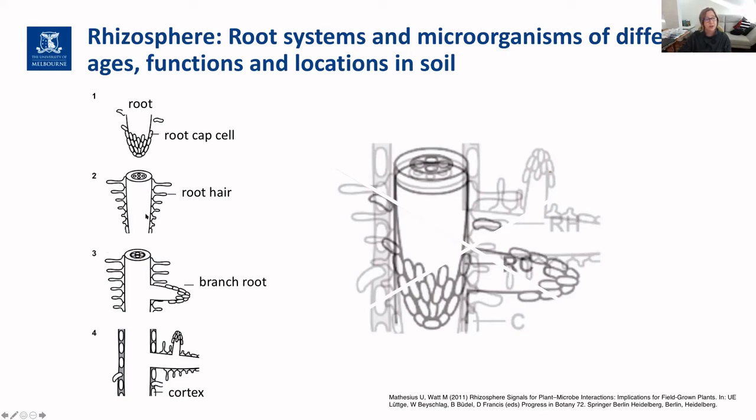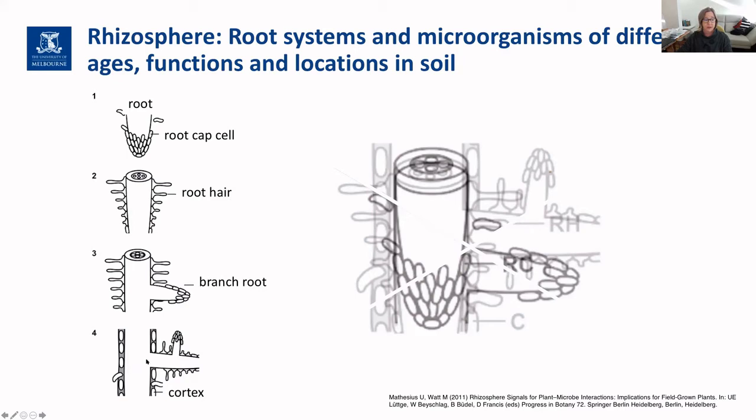A week or two later, this same tissue differentiates, continues to develop, and it will make a baby root, a branch root, and it has its own root tip and root cap cells.